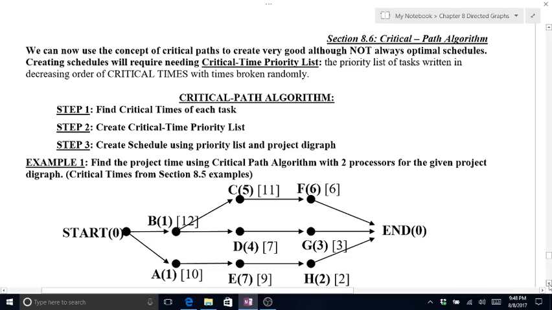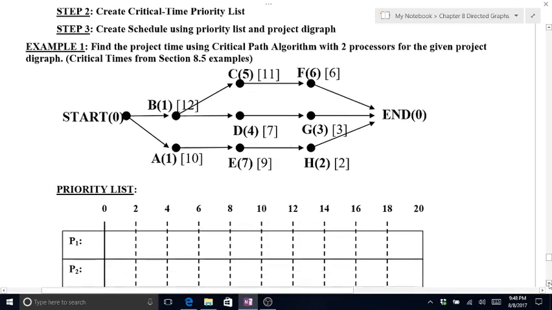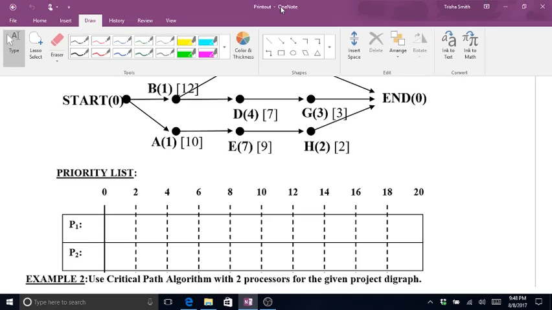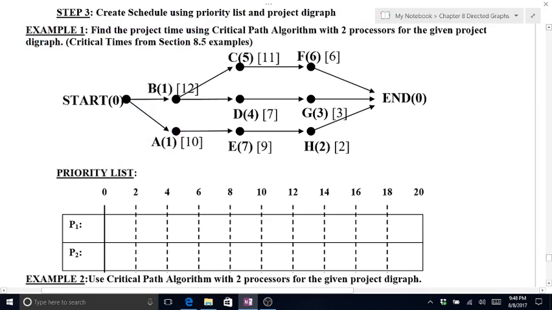In this first example, I already gave you all of the critical times, the ones in the brackets, not the ones in the parentheses. The first thing we need to do is come up with our priority list. What needs to be done first?